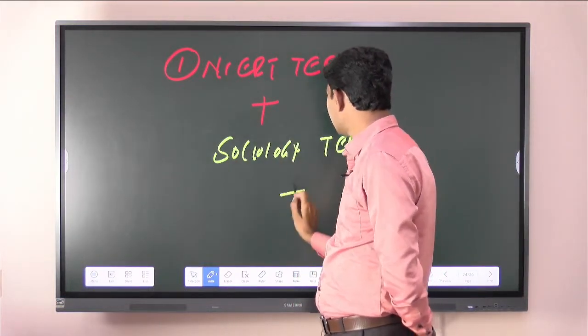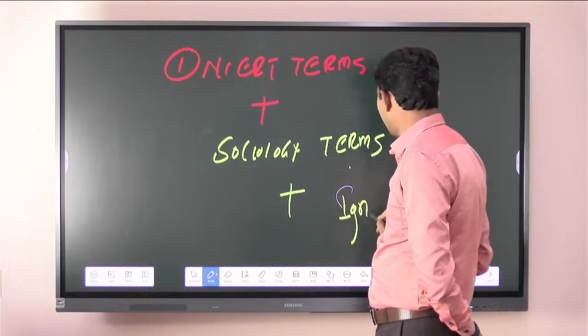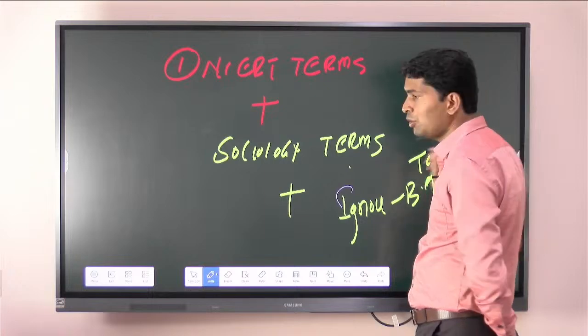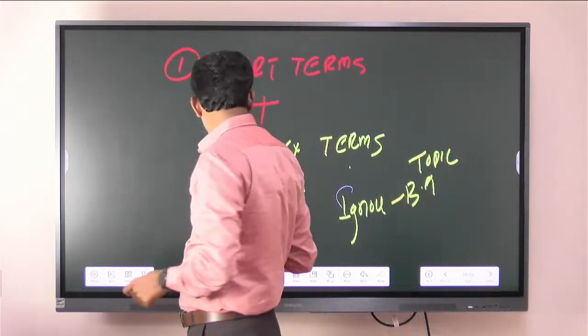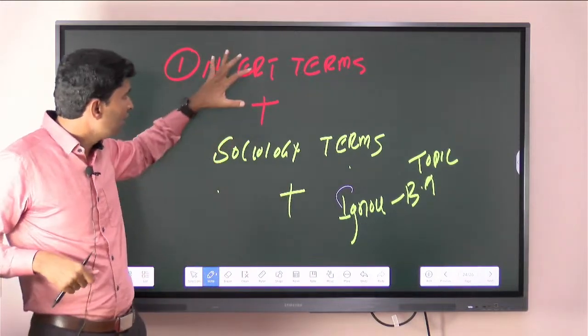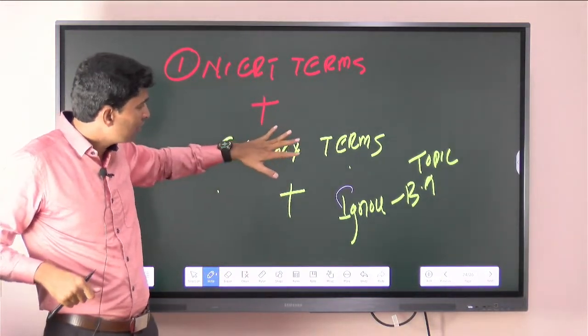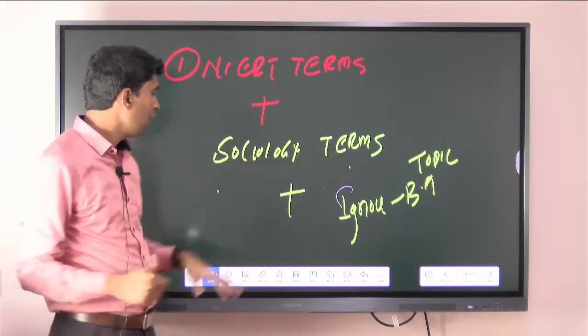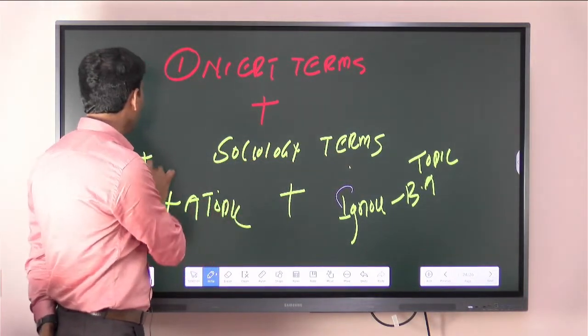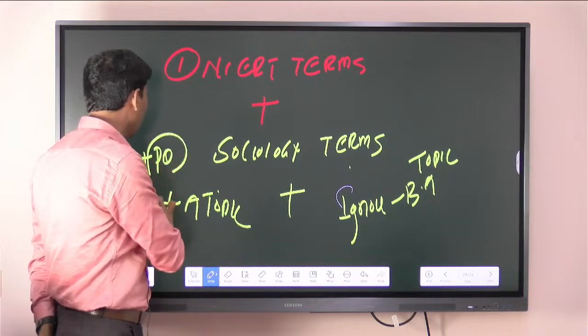After that you can give a basic reading of IGNOU BA material for the topic. Suppose you are doing the family kinship topic, then IGNOU BA material for family kinship. Once we have done the NCERT, sociology terms, and IGNOU BA material, we will be covering the actual topic and solving the previous questions related to it.